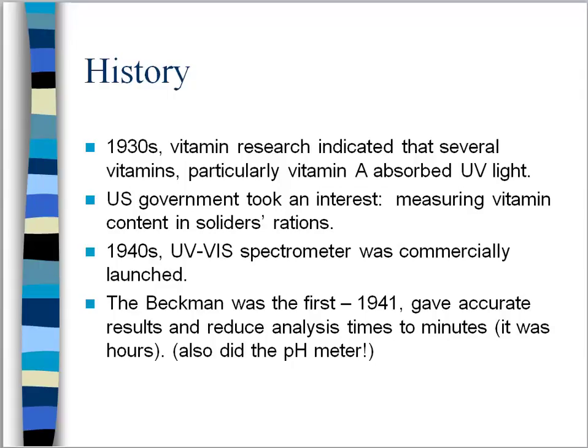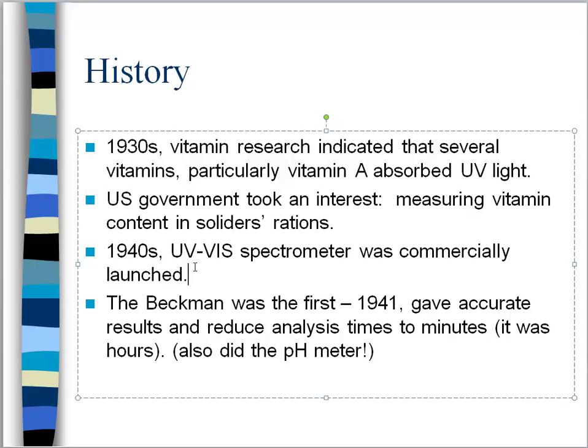So finally, 10 years later in the 1940s, we start to see an ultraviolet visible spectrometer that was commercially available. Up until that point, it wasn't really mainstream. But in the 1940s, we started to see companies purchase UV vis spectrometers because it was now available and because they knew a little bit about the theory and because they knew the purpose of what we could do with it.